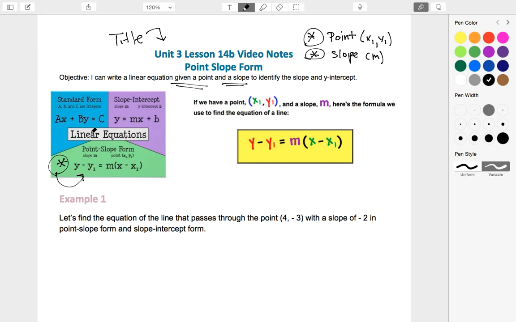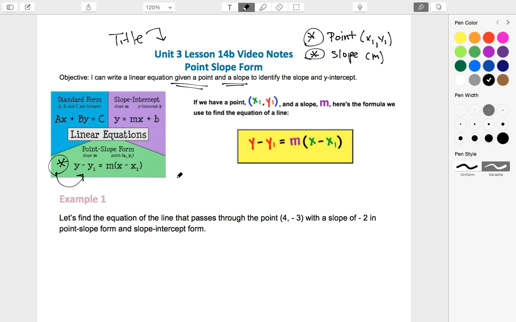From there, this formula is useful for us in terms of identifying a y-intercept. What we haven't really covered yet is determining our y-intercept when we're not given it.